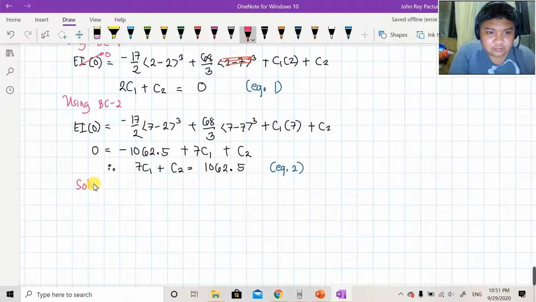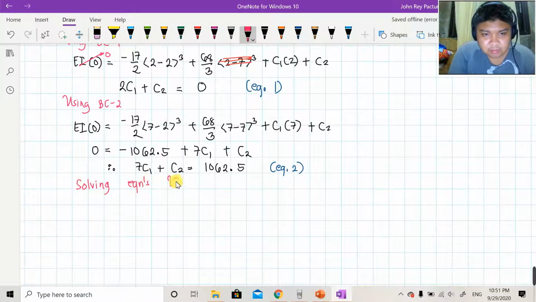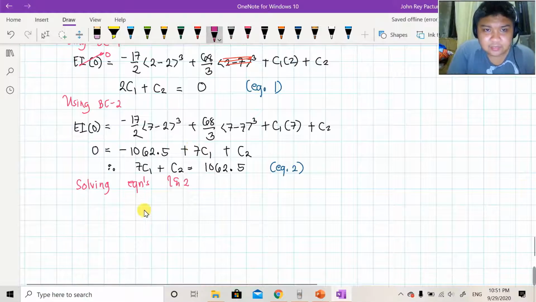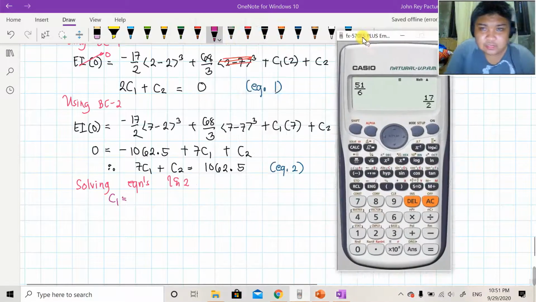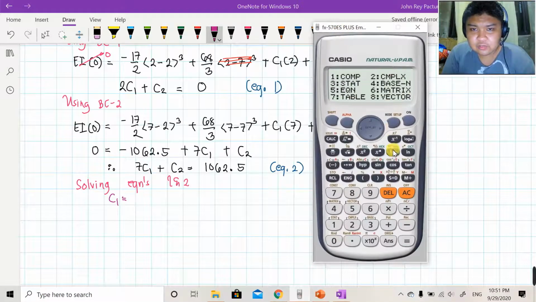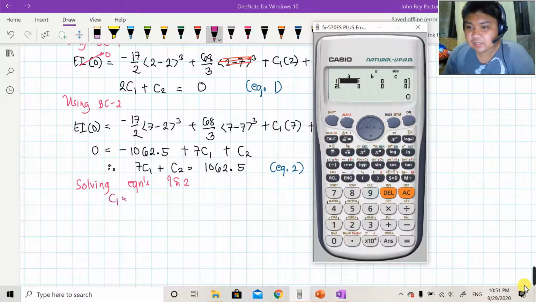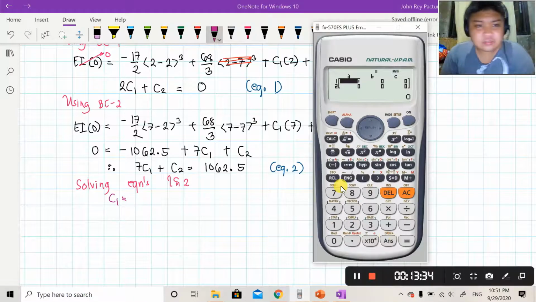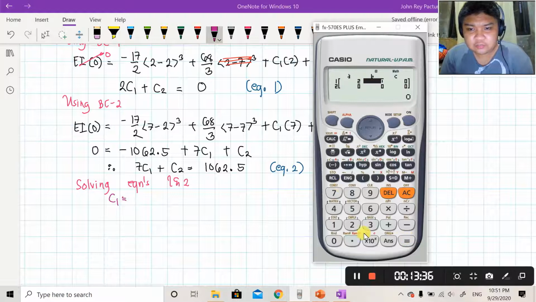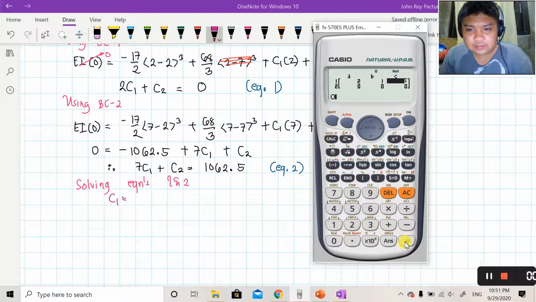Solving equations 1 and 2 class, we will have C1 equal to, ito yung calcu. I hope alam nyo na kung paano mag-solve ng 2 equations, 2 unknowns sa kanya-kanyang calculator. Yung first equation is 2, 1, 0.